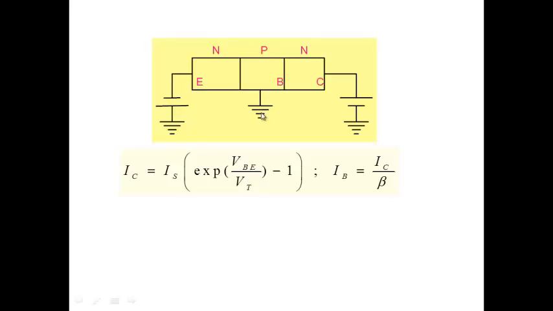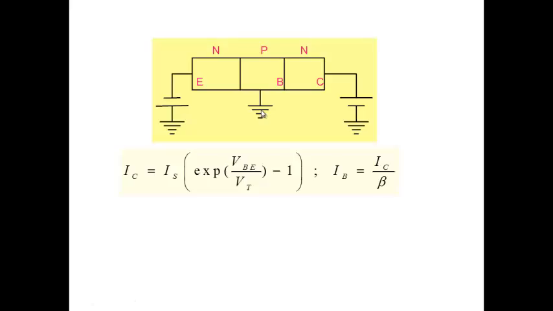The emitter-base side we look upon as the input side of the transistor, and the collector and base we look upon as the output side of the transistor, with base being the common terminal here. So we call it the common base configuration, because all the voltages are being referenced with respect to the base, which is grounded here.